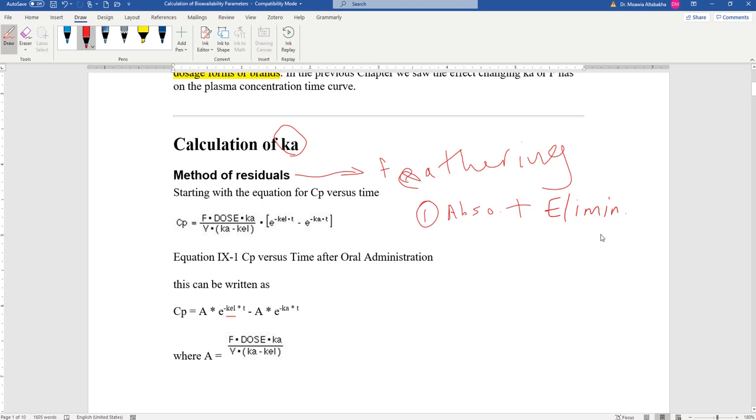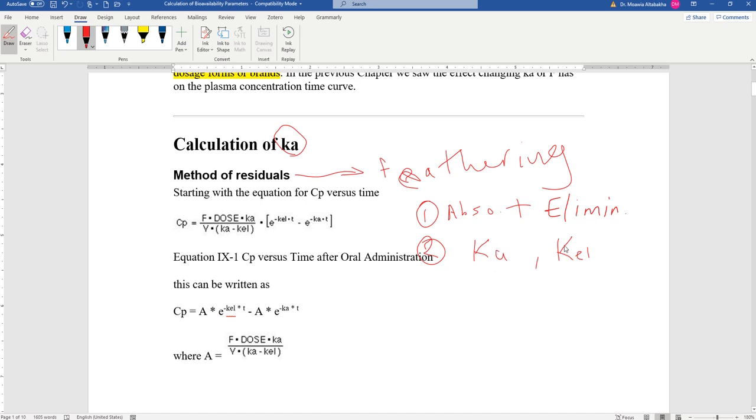The second condition is that you have Ka and Kel, and one of these rate constants must be much higher than the other.